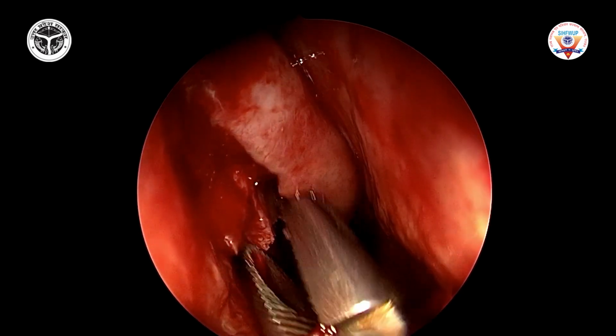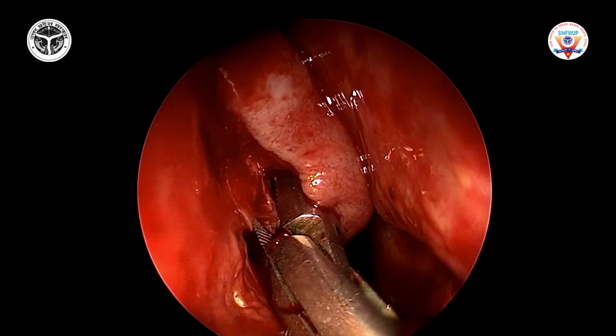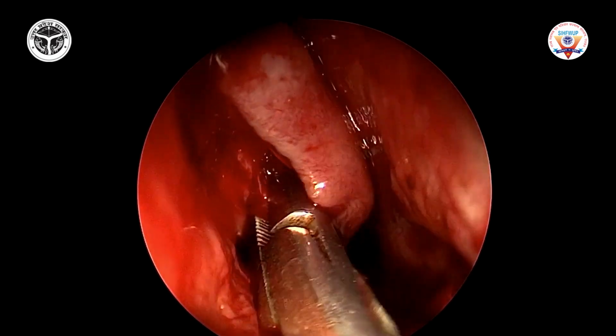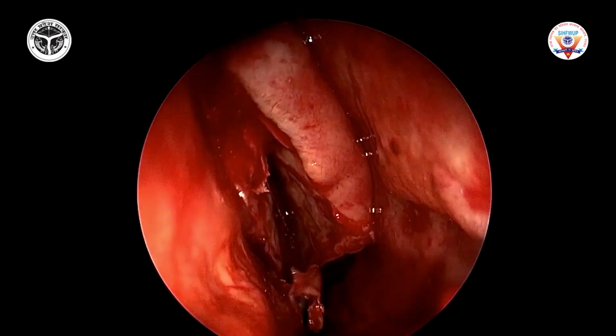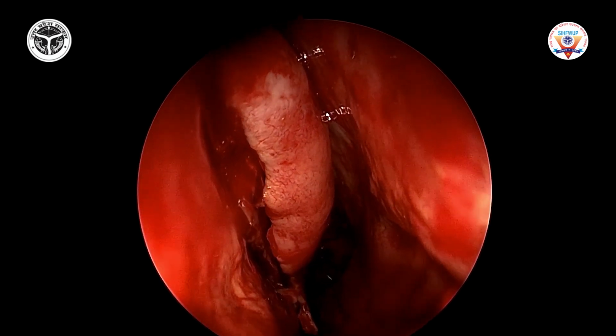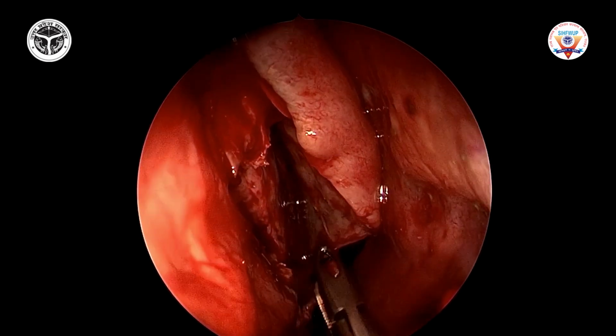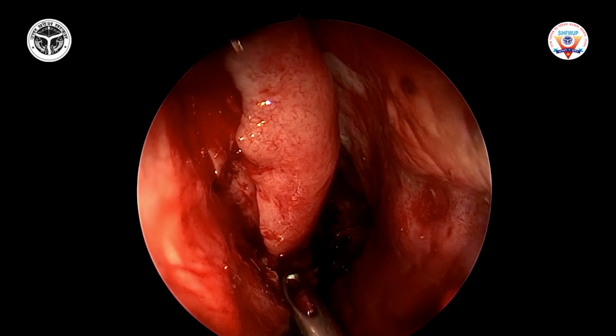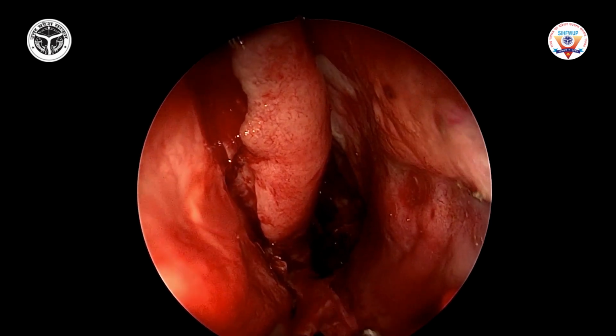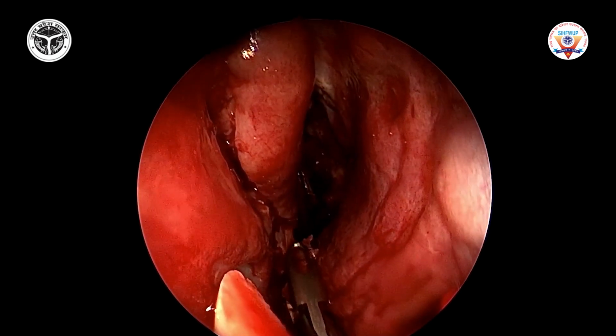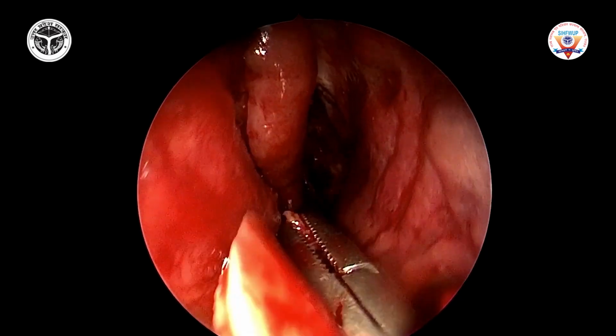This is a sphenopalatine artery area which we are cauterizing. This is the sphenopalatine artery.